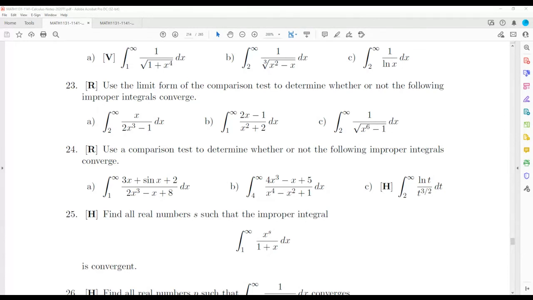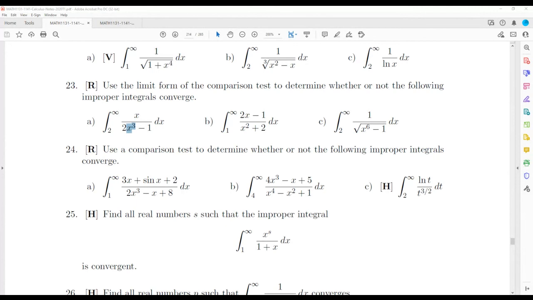All right, so 20 people said yes, 3 people said no, and 5 people are asleep. So the thing I look at, I say, okay, power 1 up here, power 3 down here. It's a bit like 1 on x squared, which converges. That's the way I would do it.